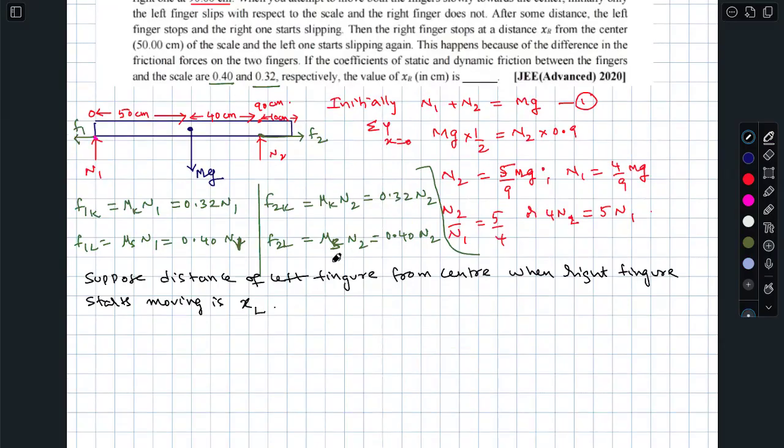So therefore, again, I am taking net torque about the center.